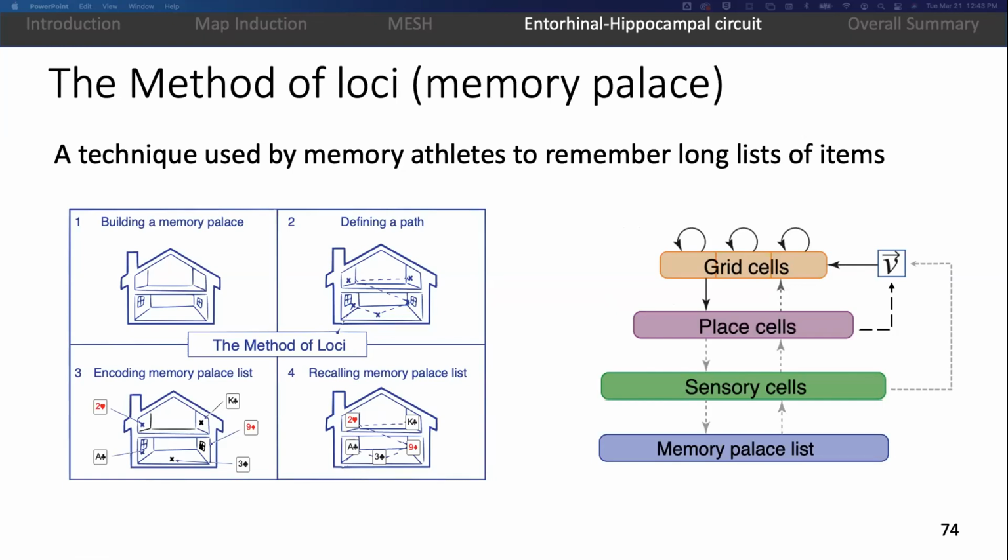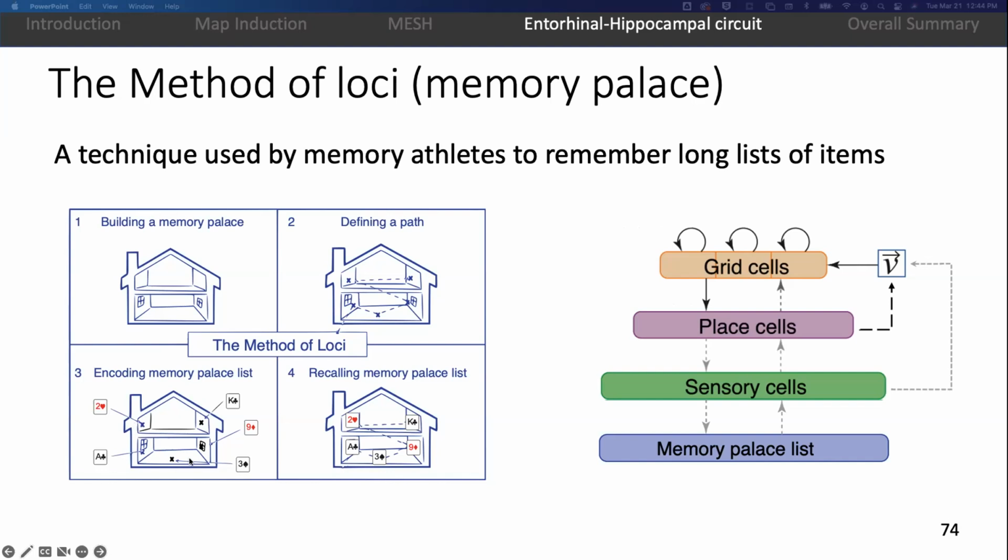So the other thing I wanted to talk about was this method of loci, which is very interesting. It's a technique used by memory athletes to remember long lists of items, right? So the technique is basically they build a memory palace, which is a spatial environment that they know about. They first define a path through this environment, and then they associate the items in the list that they want to encode with different objects along this path.